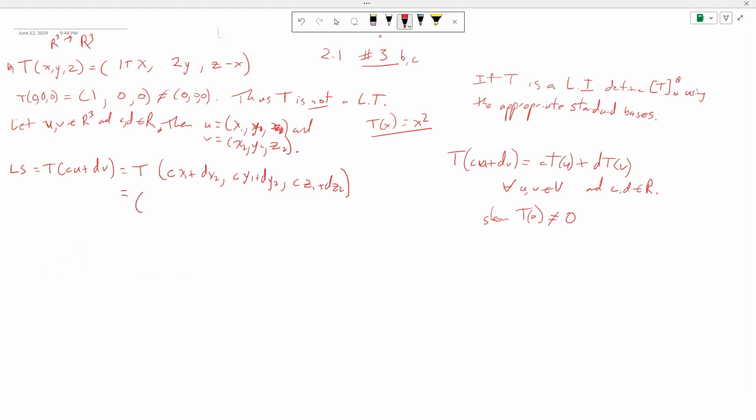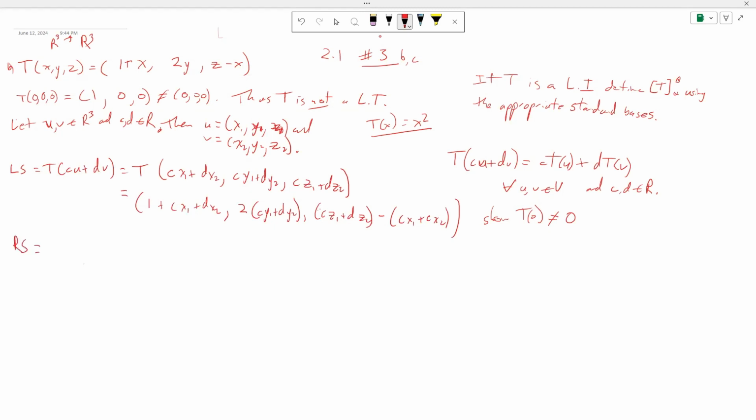So it's going to equal (1 plus cx1 plus dx2, 2 times (cy1 plus dy2), and then cz1 plus dz2 minus cx1 minus dx2). So that's my left side.